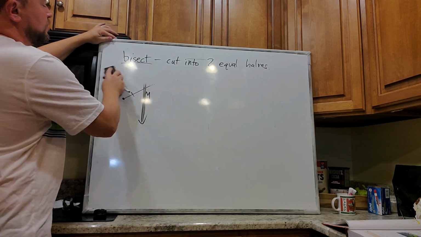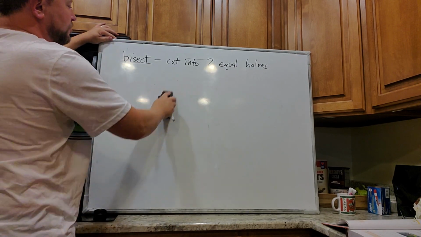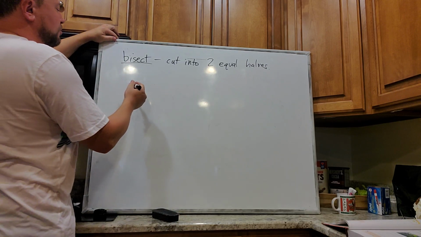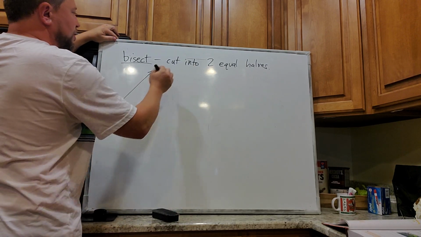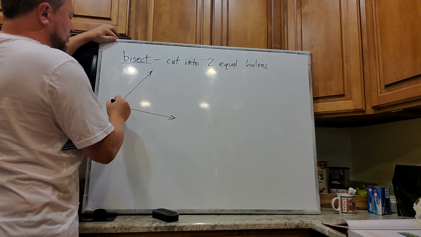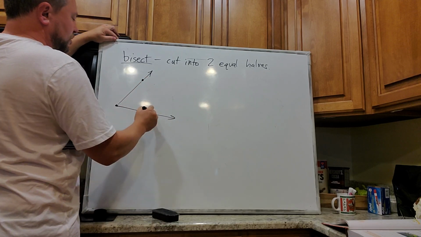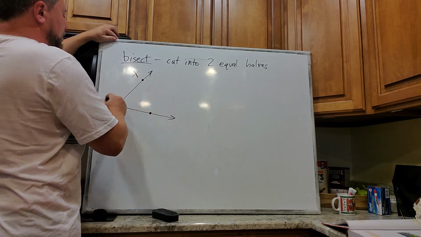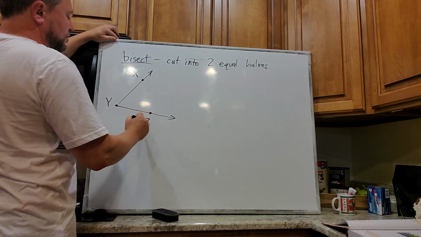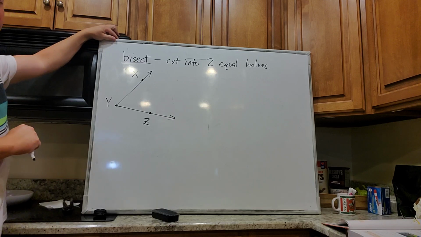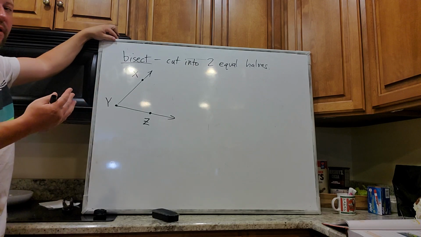Today we're talking about angles. Now this same concept can still be used for angles. To bisect an angle just means we're going to cut it into two equal halves. So let's say I've got my angle drawn here, and I'm going to call it X, Y, Z. If I were to bisect this, I'm going to bisect it with another ray.